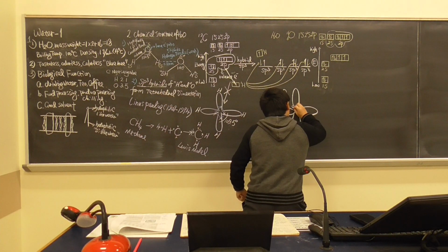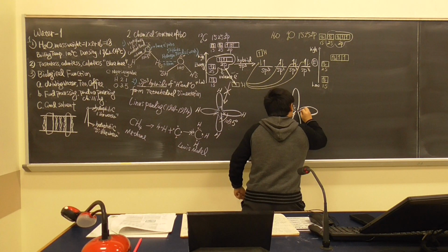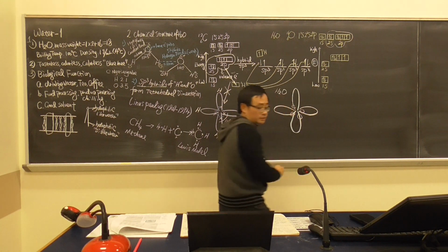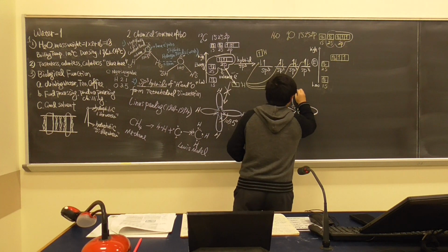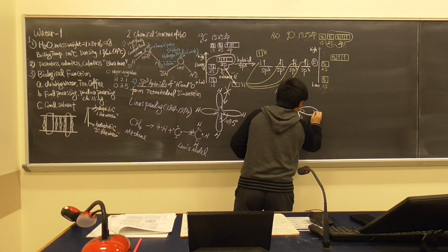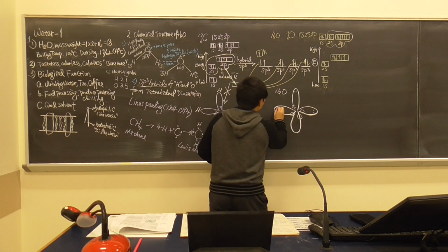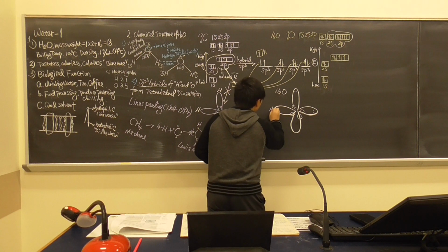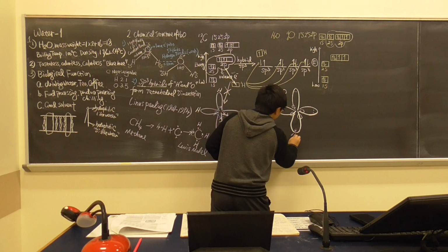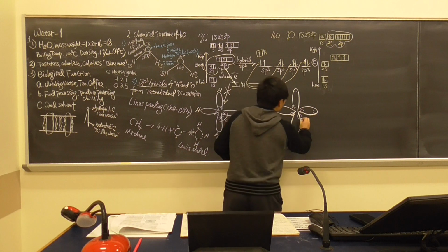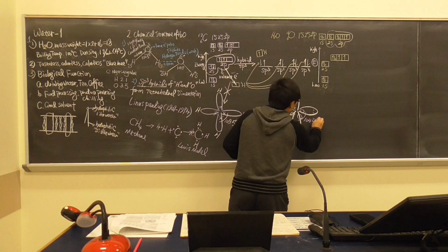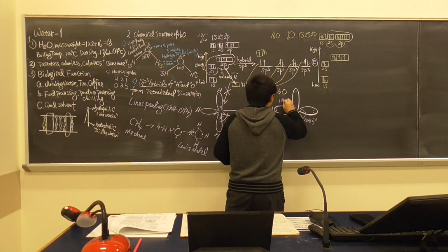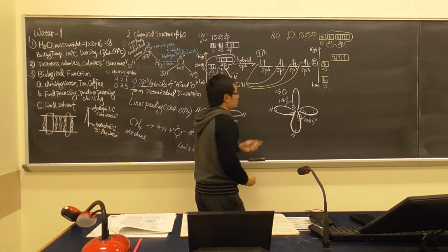So they have a little bit right here, a little bit right here. Okay, so you have a lone pair of electrons right here, and this will be connected with H, this connected with H. What is the angle? 104.5 degrees. These are the same.